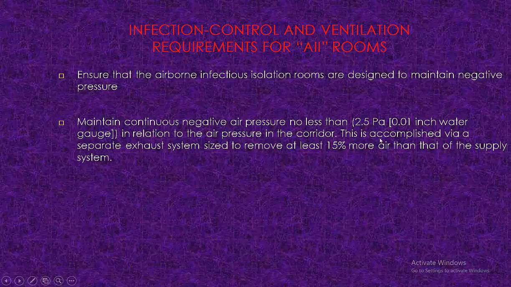This is accompanied via a separate exhaust system to remove at least 50% more air than that of the supply system. So we maintain continuous negative air pressure, but it cannot be less than 2.5 Pascal with respect to the air pressure in the corridor. So this is the second requirement.